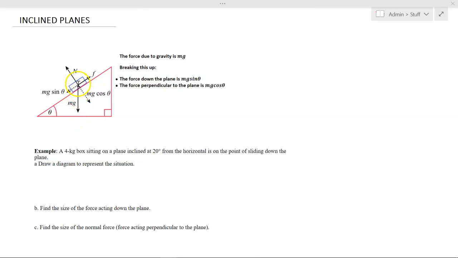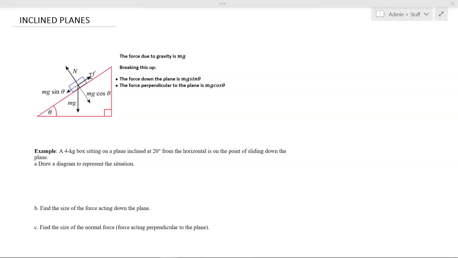We'll also have the normal force, which is always perpendicular to the surface, which stops it falling through. Additionally, we'll have some friction, which will slow it down going down the slope. So there are our main three forces: gravity, the normal, and any type of friction.